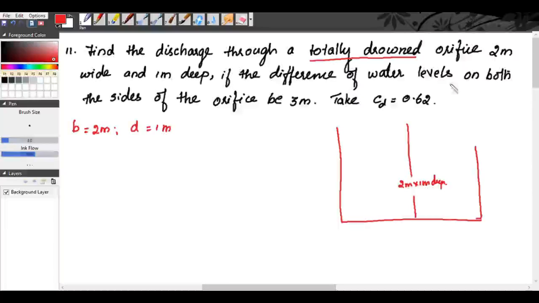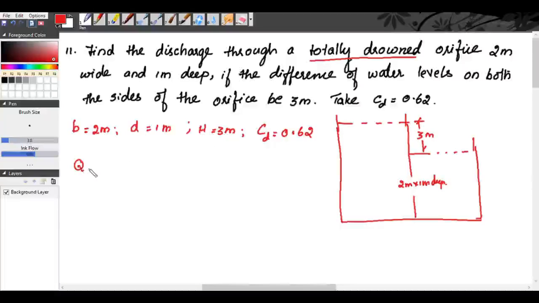If the difference of water level on both the sides of the orifice is 3 meter. So the difference in water level on both the sides is given as 3 meter. That is, H is given as 3 meter. Also, coefficient of discharge is given as 0.62.